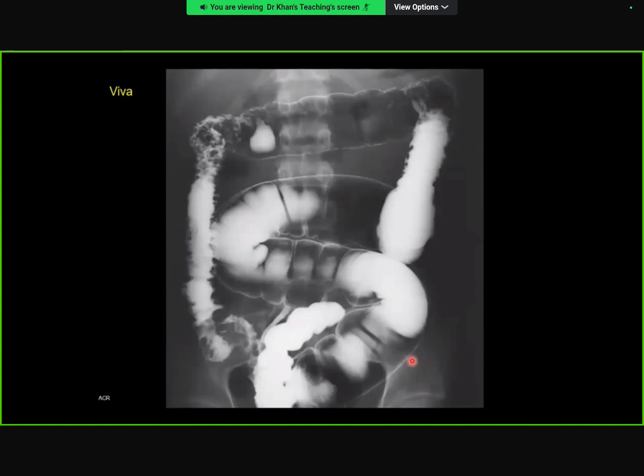There is mucosal edema in terms of thumb printing, quite marked in the ascending colon. There are also some filling defects seen in the ascending and proximal transverse colon, at the hepatic flexure as well, and also in the proximal descending colon.